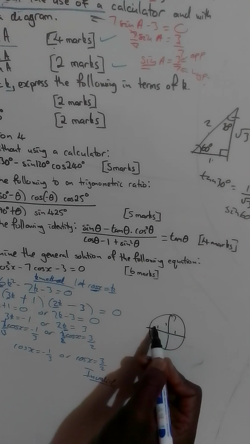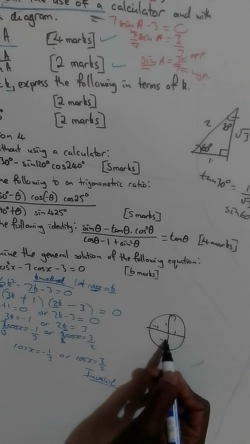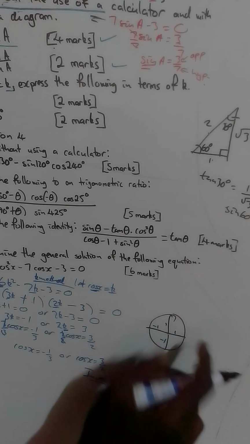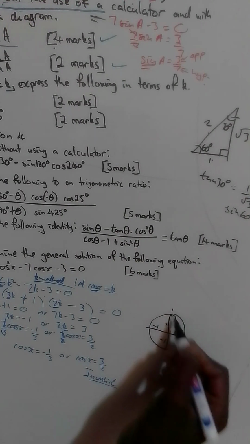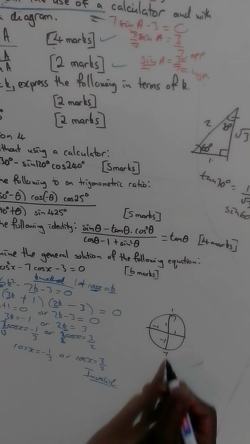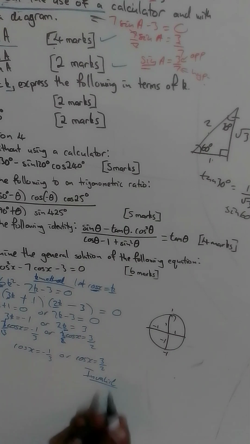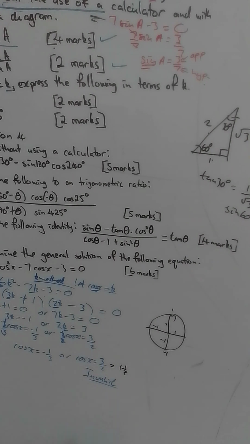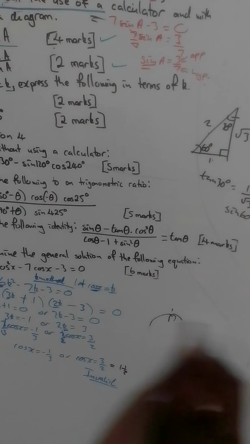From here to there, negative 1. From here to there, it's negative 1. So your Cartesian plane, the maximum value which you have is a positive 1. Your minimum value is a negative 1. And now if you come to 3 over 2, 3 over 2 is equal to 1.5, which is beyond the Cartesian plane. So this is not going to be a solution. Okay, hopefully everybody understands the elucidation.